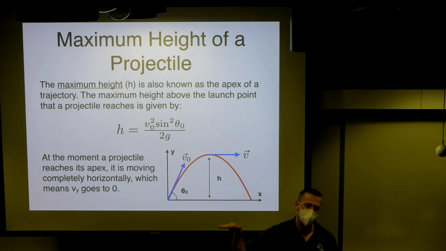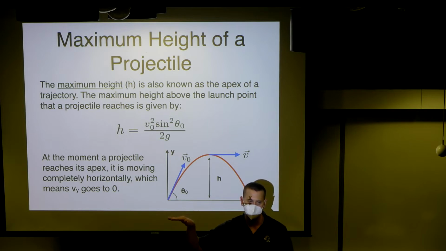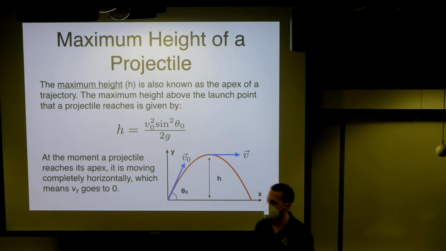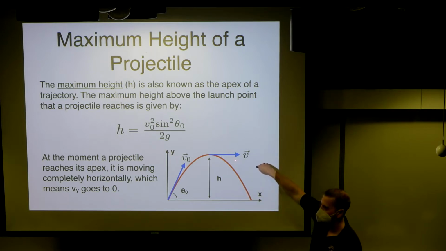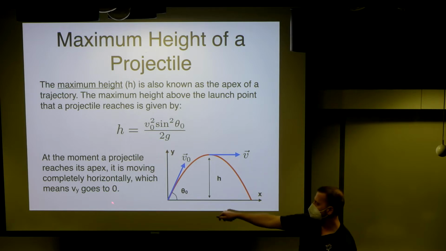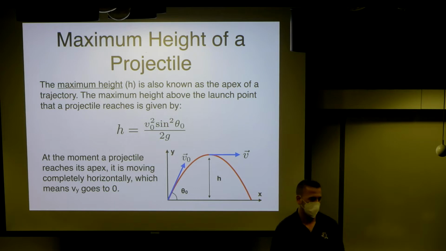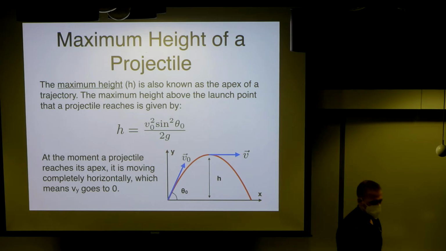So when you reach the peak of the motion, the velocity is completely horizontal. There's no vertical component to it at all. And what that means is Vy, that's the velocity in the y direction, is going to 0 at the peak. So this is the condition we use to say a projectile reaches its peak. We say Vy is equal to 0. And then we can derive the equation that's shown on the slide from there. So let me show you how that goes.